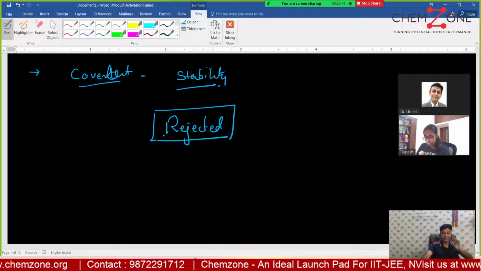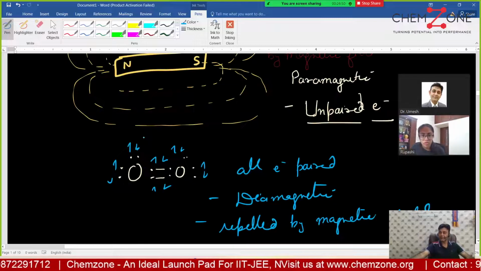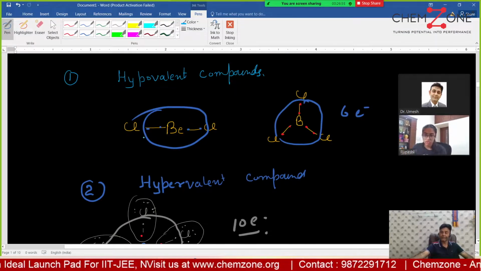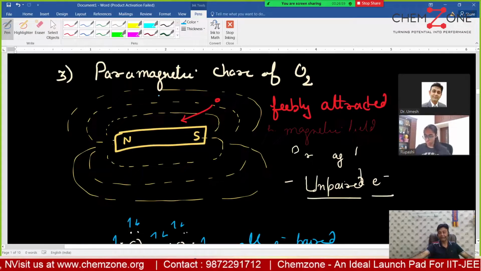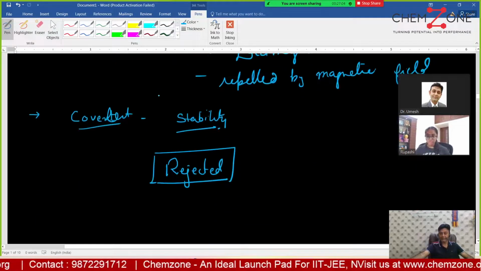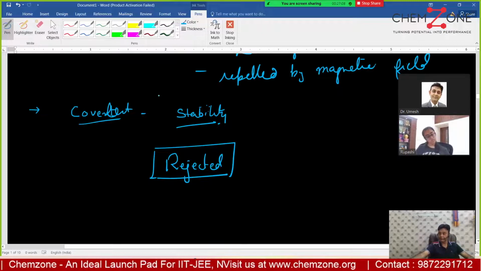Why are we rejecting this theory? Because of so many limitations I had discussed. It does not explain the hypervalent compound stability. It does not justify why oxygen is paramagnetic. It does not explain how stability is achieved while making a bond.